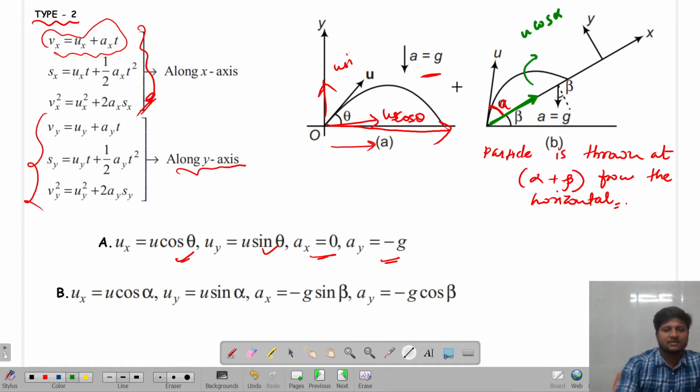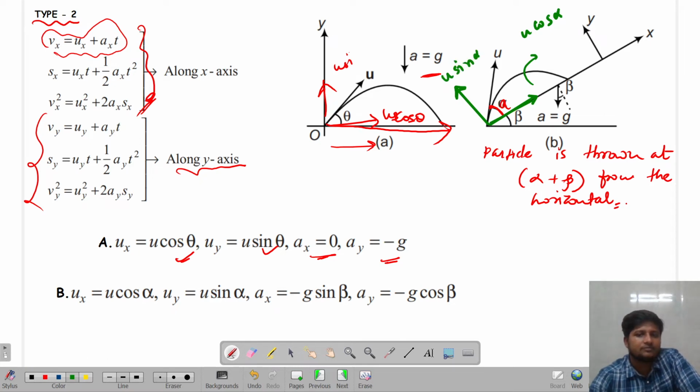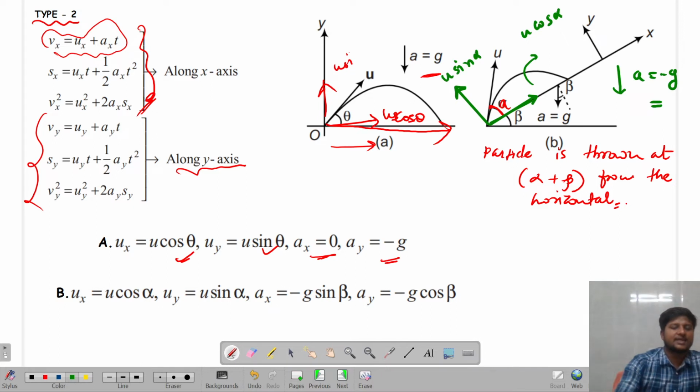While with respect to the inclined plane, it has some perpendicular velocity, that is equal to u sin alpha. Now, as you are aware, the acceleration due to gravity is acting along the vertical.